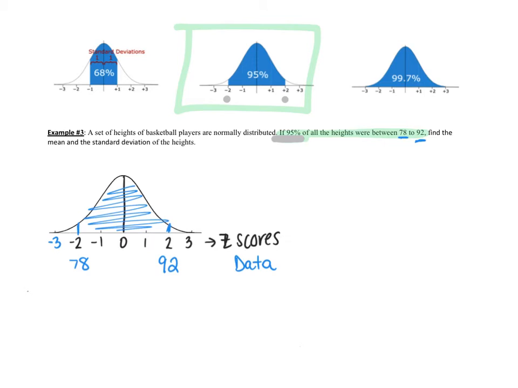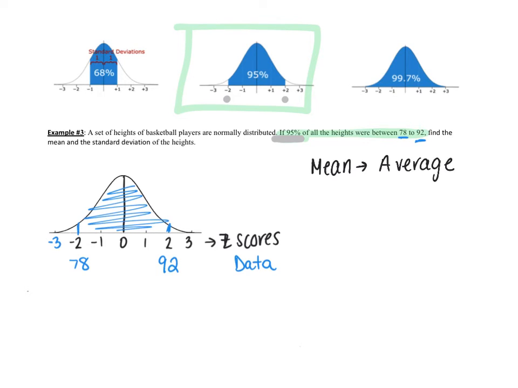So the question is asking, first, what is the mean? Well, the mean is this 0, which is a z-score, but I want the data value. Mean, I want you to think middle, the middle of these two numbers. So if I want to find the mean, all I have to do is take the average.